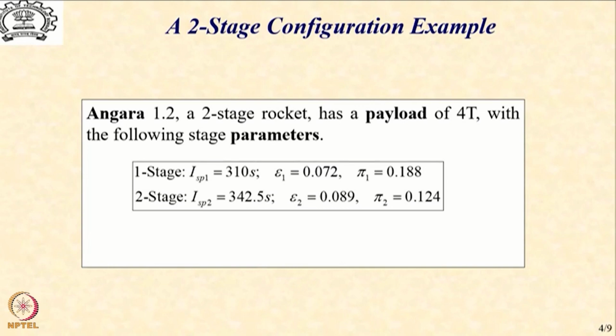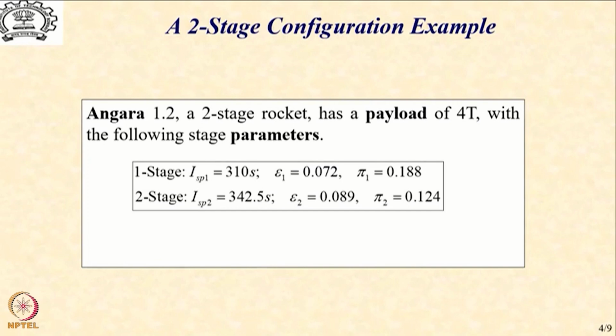Of course, for this exercise it is not really required. It has a structural ratio of 0.072, or what I call 7.2% structural mass and remaining 92.8% propulsion mass, and a stage payload ratio of 0.188, which means the ratio between the mass above the first stage and the liftoff mass of the first stage is 0.188.